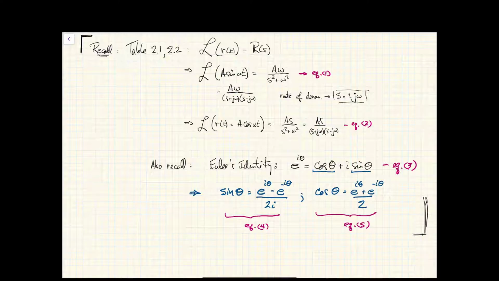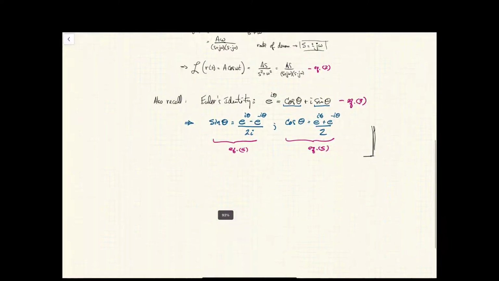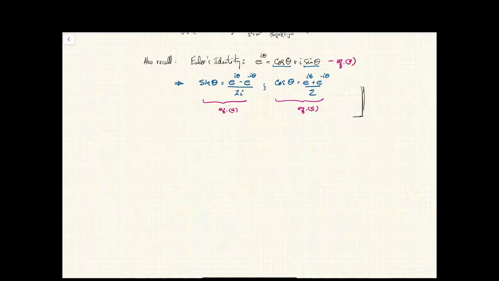For a closed loop transfer function, or closed loop system of the form that we had before, we're going to have something like this.